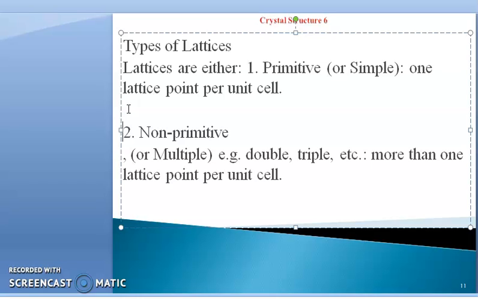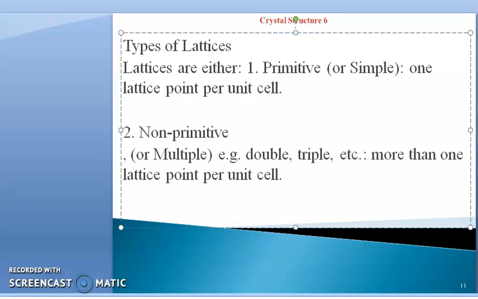Such a lattice is said to be non-primitive. Whenever multiple lattice points are there, it is non-primitive. Only one lattice point per unit cell, that is primitive.